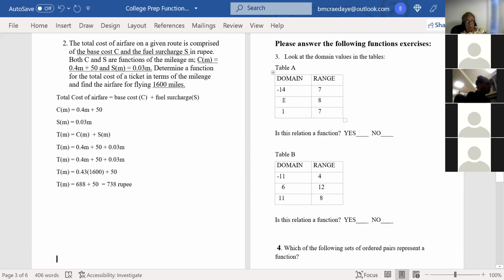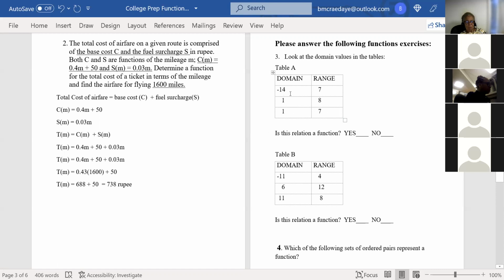In other words, it's only a one-to-one relationship. You don't have several of your X values going to different Y values. This X can only have one Y value. Just like this one, minus 14 has 7 for the Y. One has 8, one has 7.